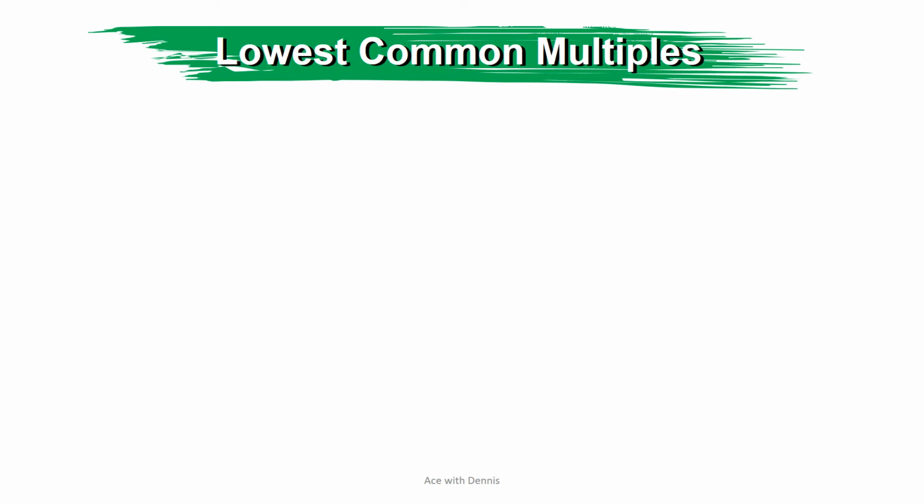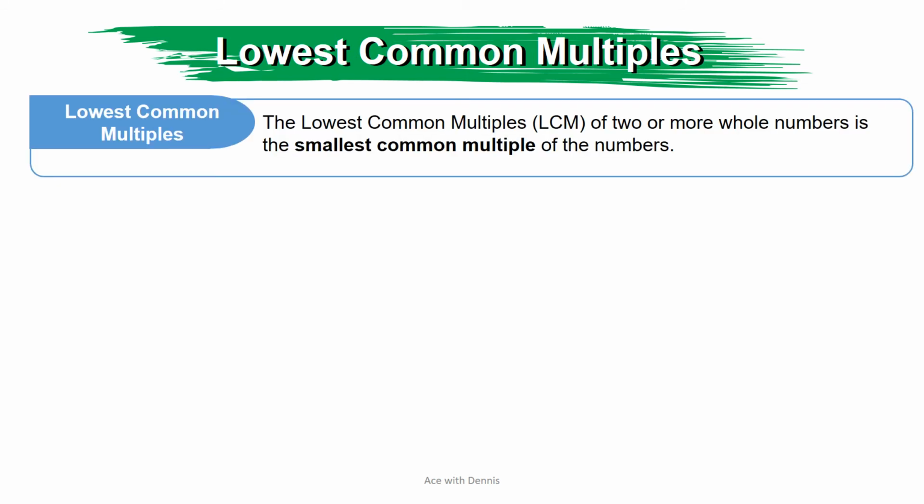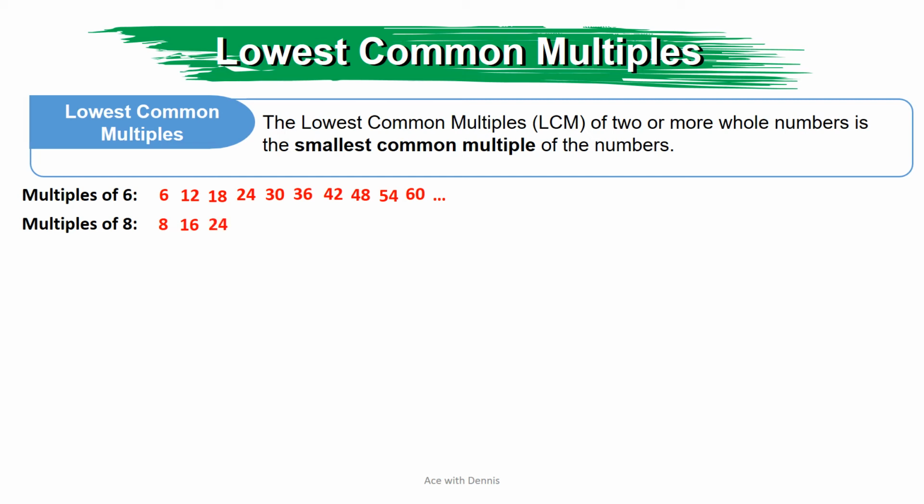Lowest common multiples. The lowest common multiple, or LCM, of two or more whole numbers is the smallest common multiple of the numbers. Let's look at the multiples of 6, which are 6, 12, 18, 24, 30, 36, 42, 48, 54, 60, and so on. For multiples of 8, they are 8, 16, 24, 32, 40, 48, 56, 64, 72, 80, and so on.